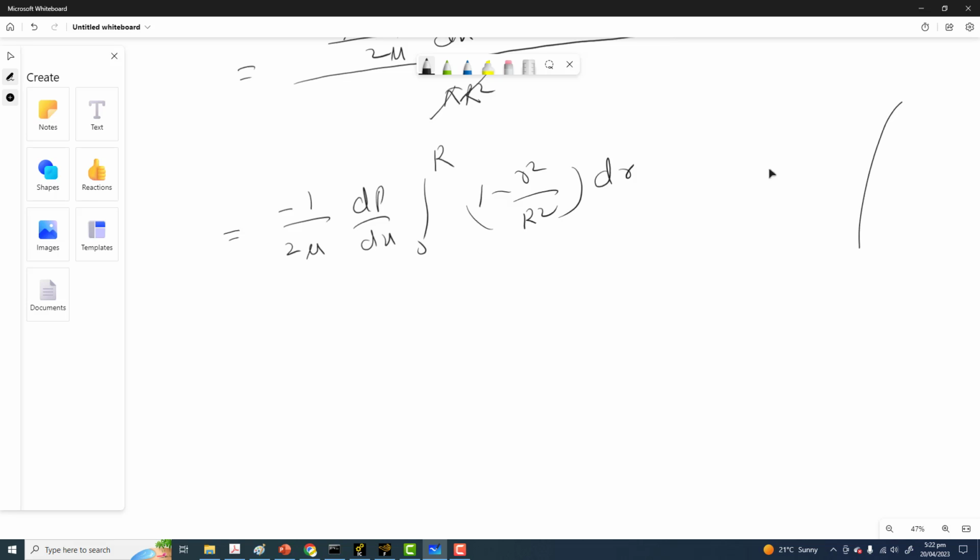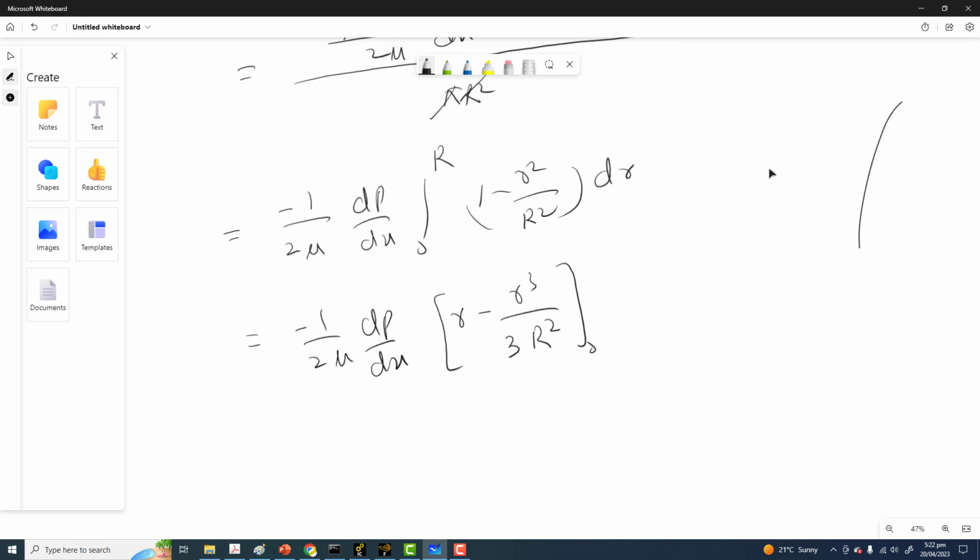So we get that this is equal to minus 1 upon 2 mu dp by dx, times r minus r cube upon R square and also 3.